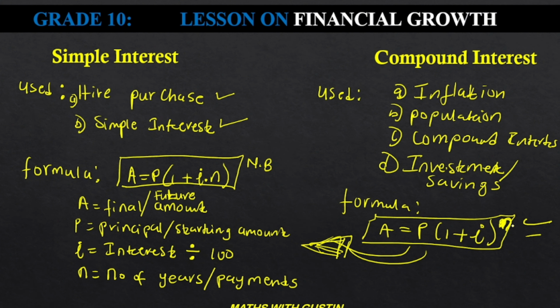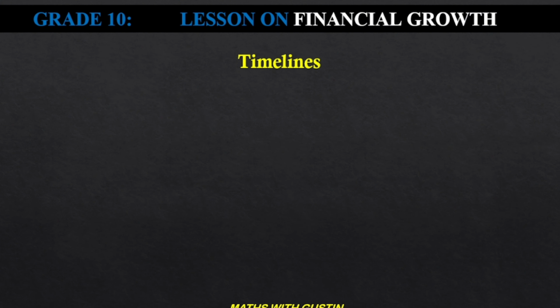All right, so let's move on to the next one in our lesson. The next thing that we need to look at is timelines. Timelines are split into different categories where we apply them.